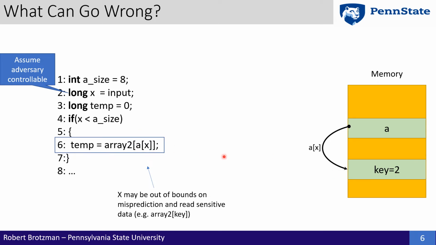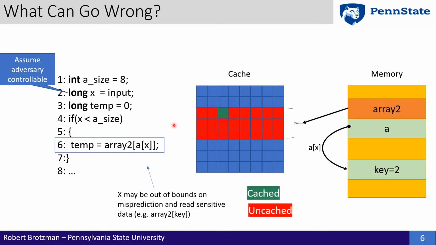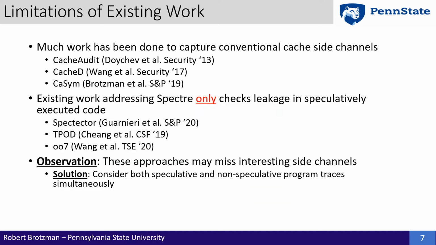So if x is controlled by the attacker, they may know where the key resides in memory, ask that the processor loads that here, and then that would be encoded into the memory access of array sub 2 here. And this can be extracted using conventional cache side channels to infer what offset in array sub 2 was used. And that offset here would be 2, which corresponds to the value of key that the adversary is trying to uncover.